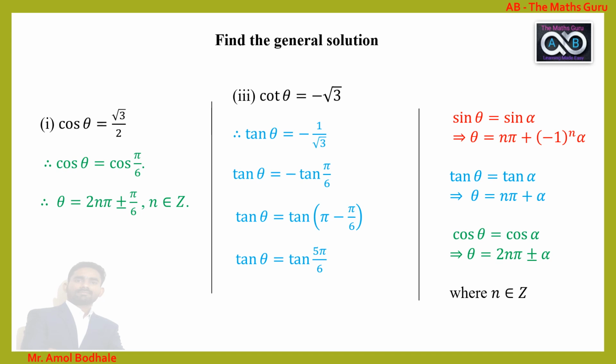Now this example we have converted to the second result, tan theta equal to tan alpha. The solution is theta equal to n pi plus alpha. So therefore theta equal to n pi plus 5 pi by 6, where n belongs to z, is the general solution.